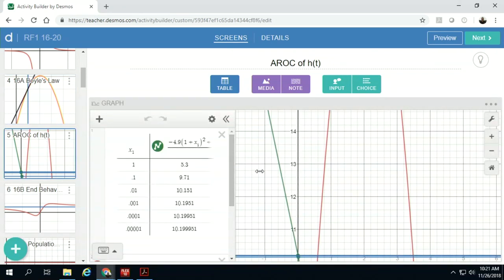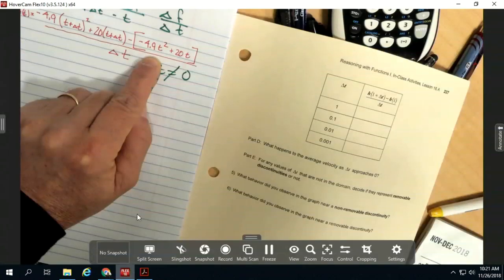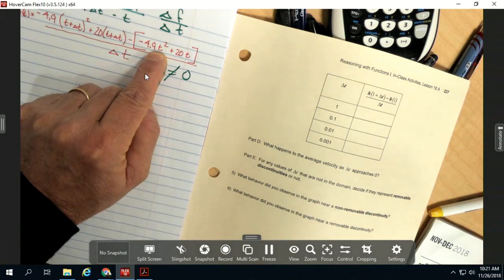So on this function, I put negative 4.9 times 1 plus delta x, or x1, plus 20 times delta x plus 4.9 minus 20. Now, why did I write plus 4.9 minus 20? What did it say t was?